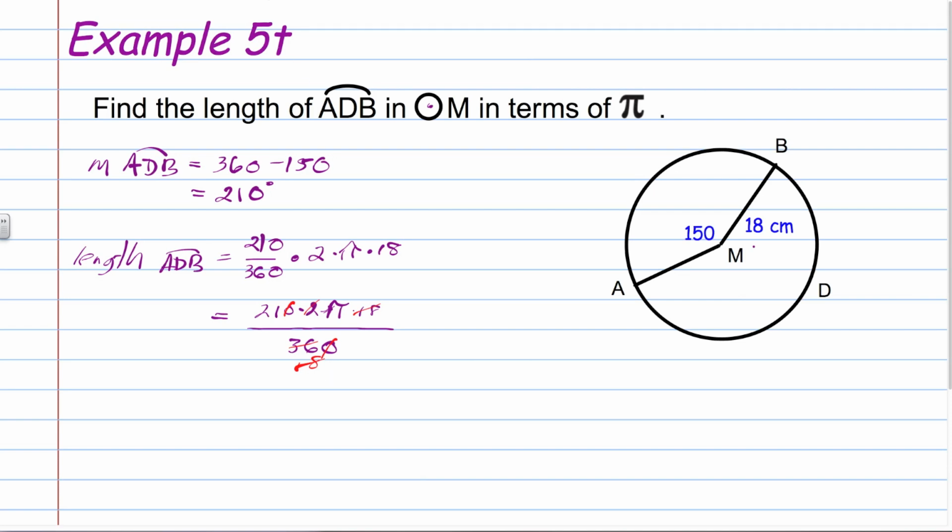So what we're left with here is, in the numerator, 21 pi. In the denominator, we have 1. 21 pi divided by 1 is 21 pi. So the length of arc ADB in terms of pi is 21 pi. And of course, if we multiply that by 3.14, that would give us around 64 or so.